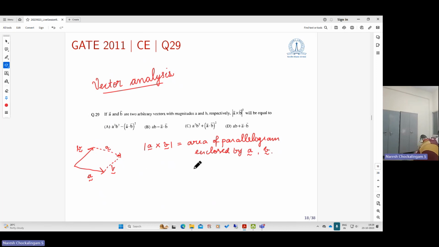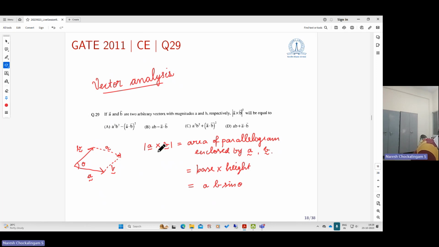The area of this parallelogram is base into height. If the angle between these two is theta, the base of the parallelogram is the magnitude A, and height of the parallelogram is B sine theta.